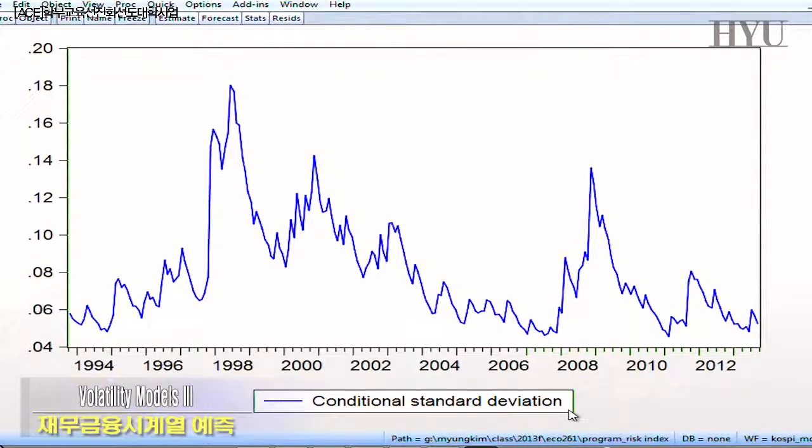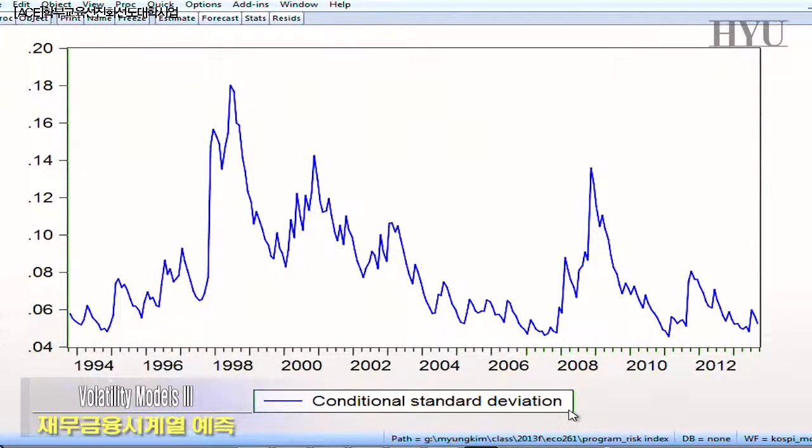I strongly recommend you to do this exercise because sometimes you may misinterpret this as an output from EViews as sigma t, right? Then the calculation will be screwed up and the whole magnitude will be different, right? So you have to do it at least once so that you can produce the exact number, right?